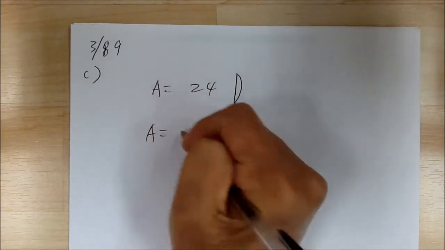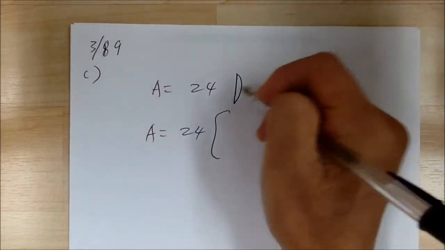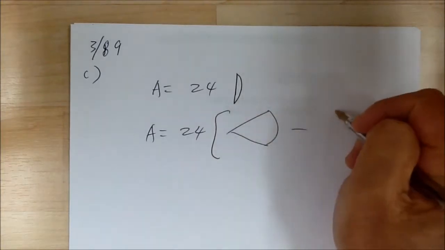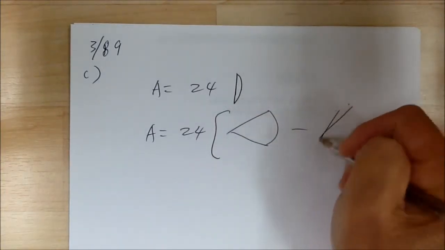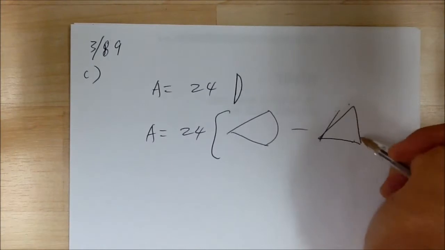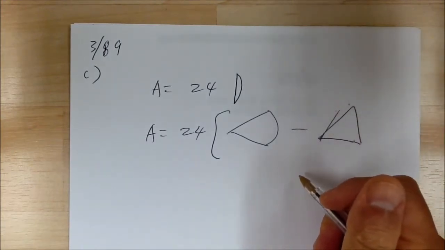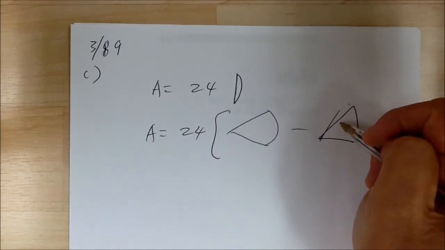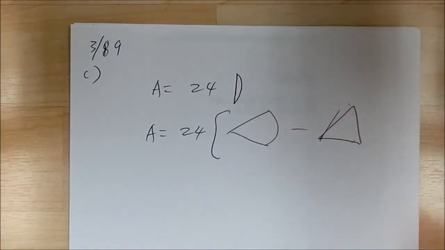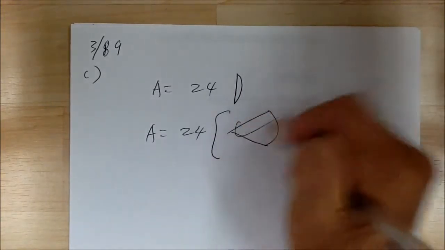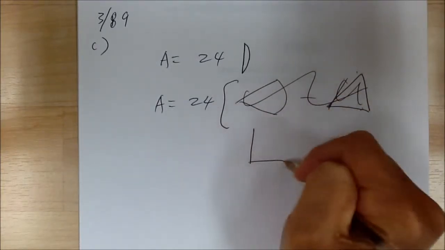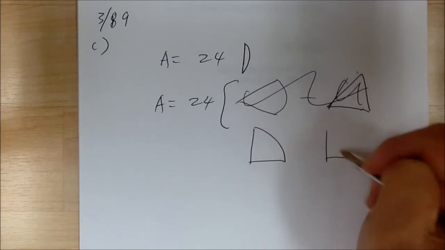So area equals 24 times, and again, the segment came from the sector minus the triangle. Now, in this case, the triangle is a 45, 45, 90 triangle. So let's make a better shape. Notice each one of these sectors is this.